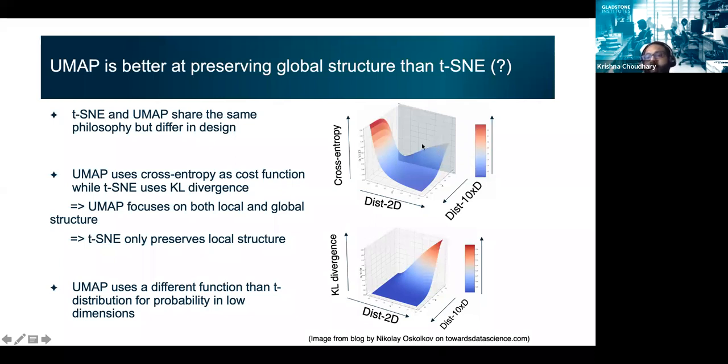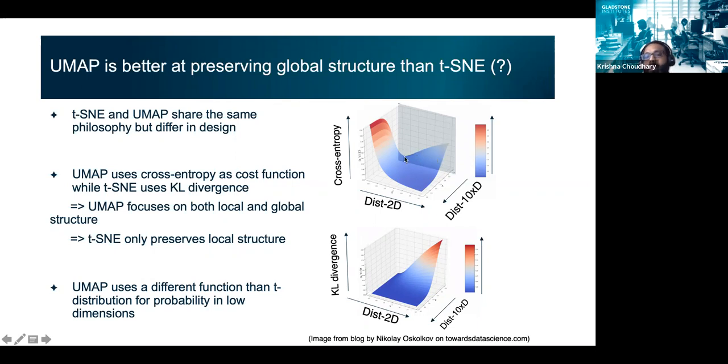It will basically look at the gradient of the cost function at the point of the current 2D distance and the actual high dimensional distance, and it will try to reduce it so that these cells end up close together also in 2D.